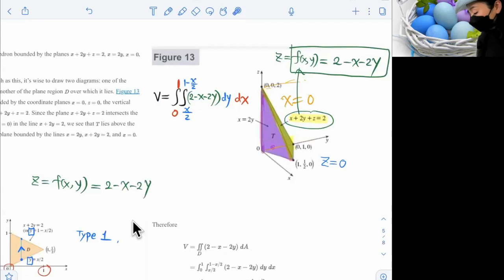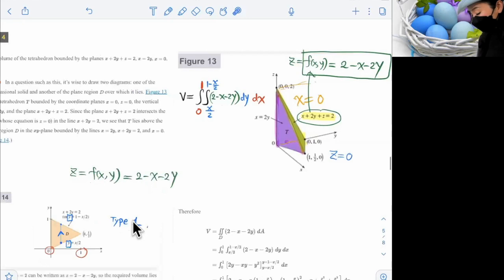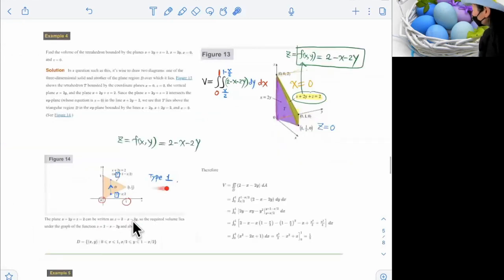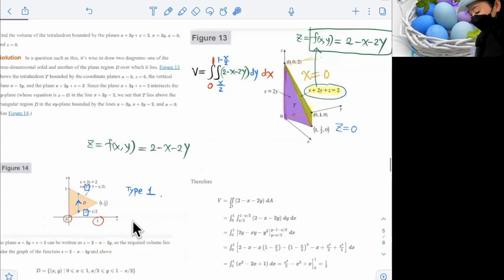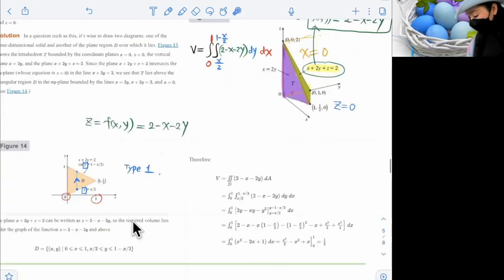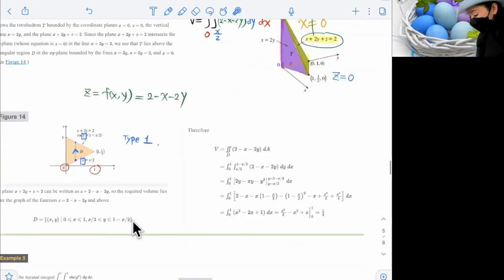And then you integrate this function over this region, over the shadow that it casts on this xy plane, and that will give you the volume of the solid over here. So that's how you set it up. And depending on what type that region is, for type 1, you integrate with respect to y first. Type 2, you integrate with respect to x first. After you set up this integral, the rest is just routine.